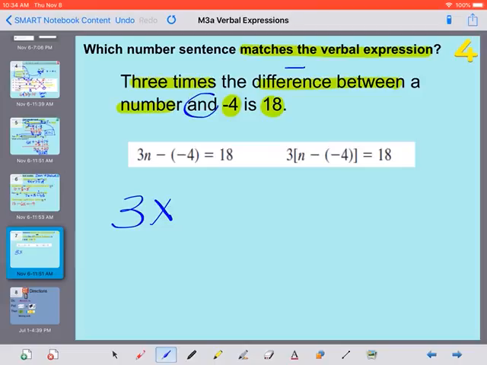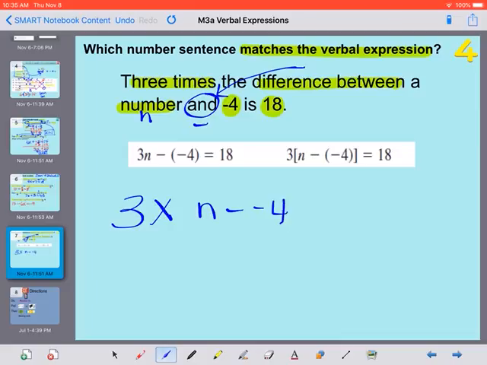So our and is where we put that operation. So we have the difference between a number, I'm going to use the letter n to represent that number because they did in these equations as well. N, and we're subtracting a negative 4.